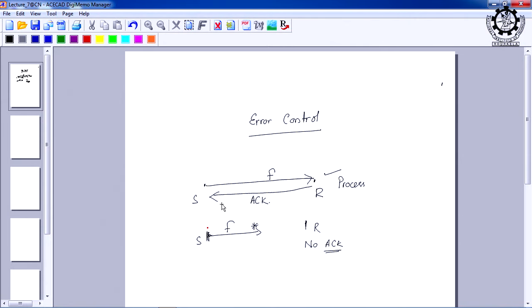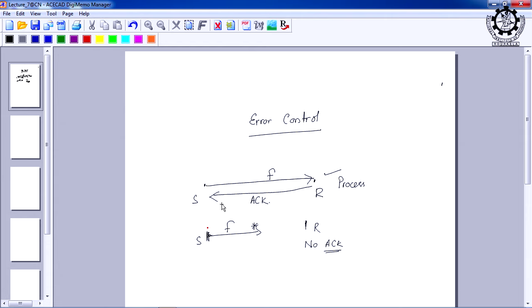The sender was waiting for an acknowledgement to come from the receiver in the stop and wait, and in the sliding window it was not waiting for every frame to be acknowledged, but at least for the number of frames in the window it was supposed to get the acknowledgement, then only it can expand its window size and transmit the further frames, right. That means in any case an acknowledgement is required, maybe for individual frames or maybe for multiple frames. Now, let us say the sender is not receiving the acknowledgement.